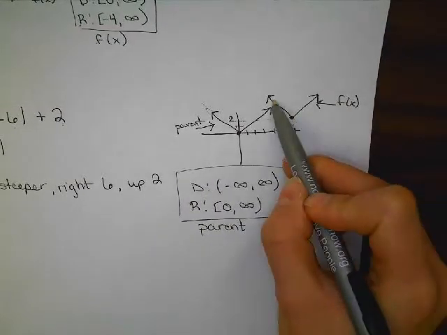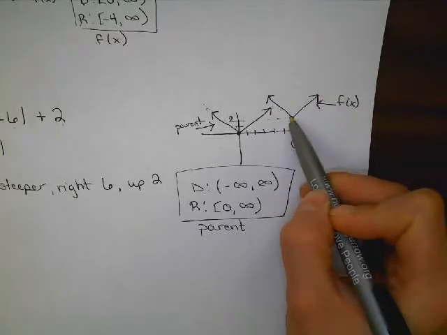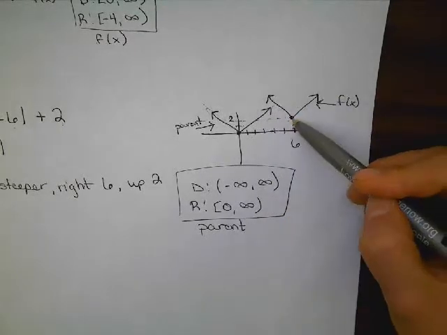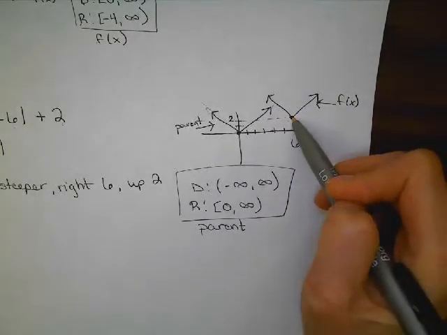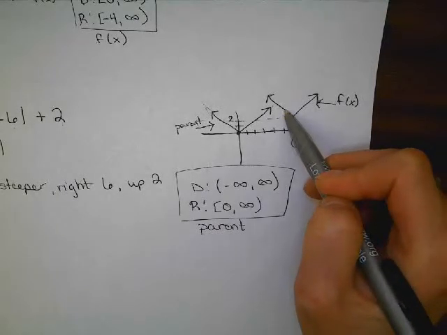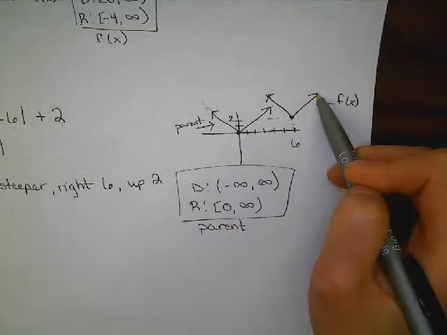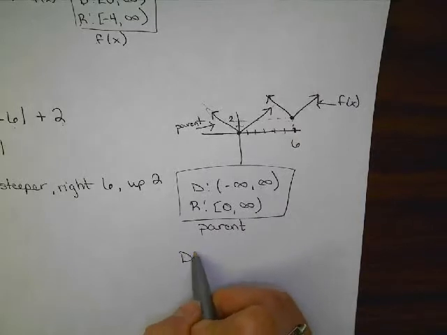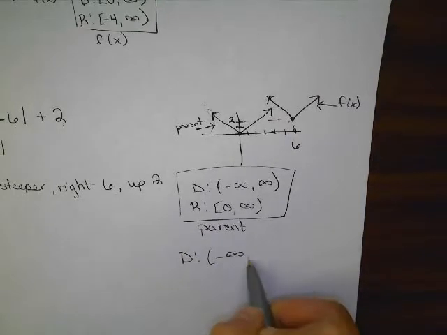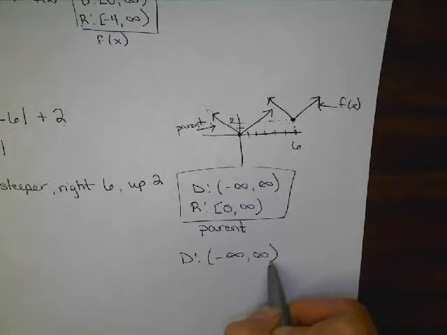Now, if I look at this little sketch I draw, though, I can see that my domain actually is not different in this case, and the reason it's not different is the same thing, that this is stretching out to the left and stretching out to the right. So that didn't change at all. Even though I transformed it, that didn't change. So the domain for f of x is also still negative to positive infinity.